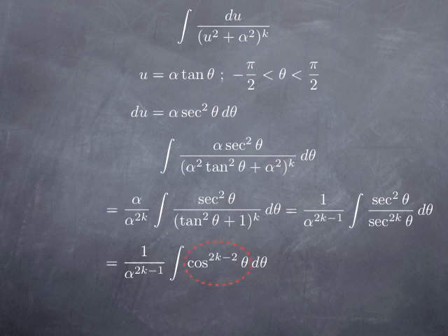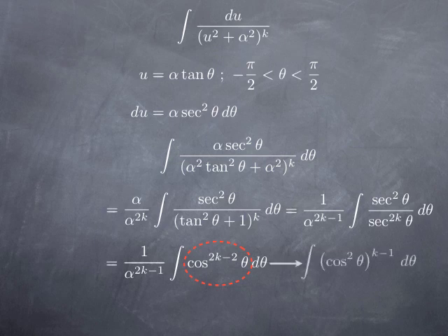And now it comes down to integrating an even power of a cosine or a sine, and we've seen how to proceed with that using the double angle formula at the beginning of Module 5.